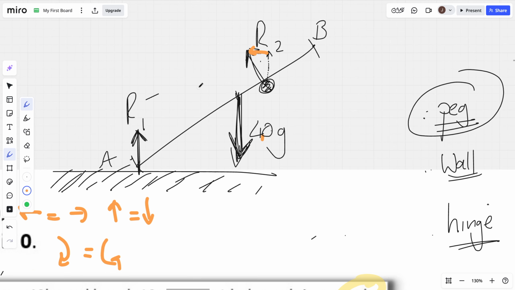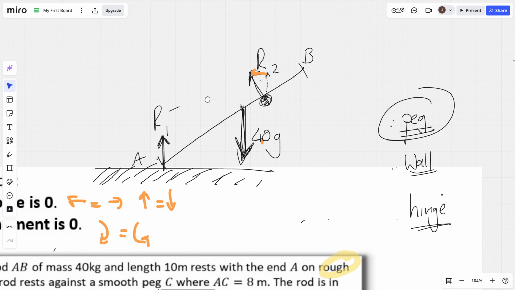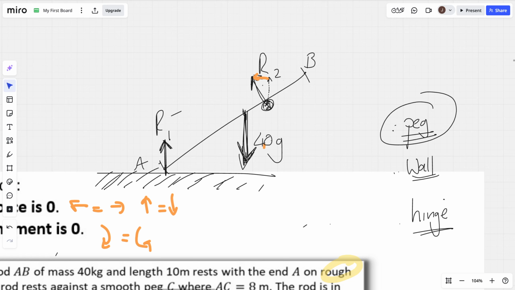If I zoom out for a second, one question might be, well, it doesn't look like it's an equilibrium because it suggests that this whole thing should be moving to the left. Where's the right force? Well, the right force is going to be that friction. Okay, so that's mu R1.